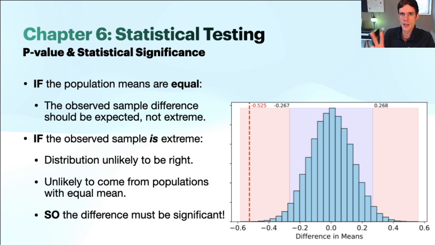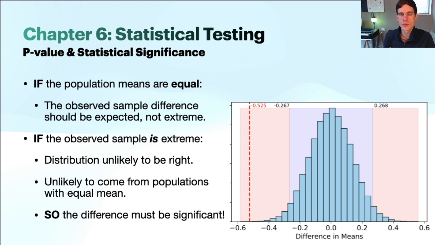The second scenario deals with the case where the value of our specific sample statistic is extreme compared to this underlying distribution, meaning that our value falls at the edges of this histogram. Because our sample statistic is an extreme value, the underlying distribution that we compare it with is unlikely to be the right one, simply because it is unlikely to observe extreme values.